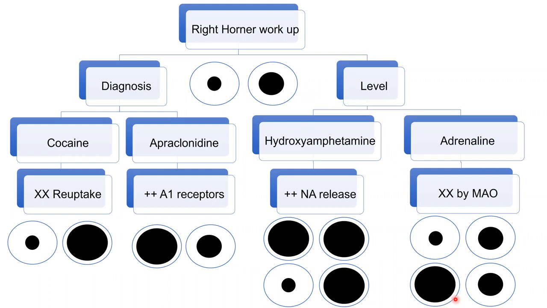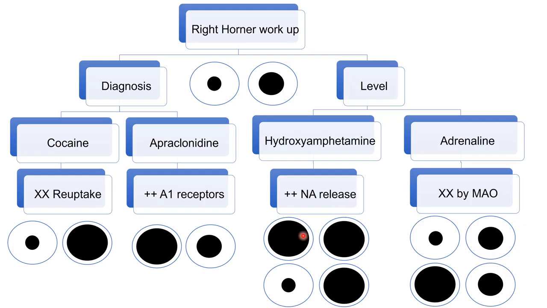How would we know whether the lesion is preganglionic or postganglionic? We have two drugs, the hydroxyamphetamine and the adrenaline. Hydroxyamphetamine will potentiate the release of norepinephrine at the neurosynaptic junction.